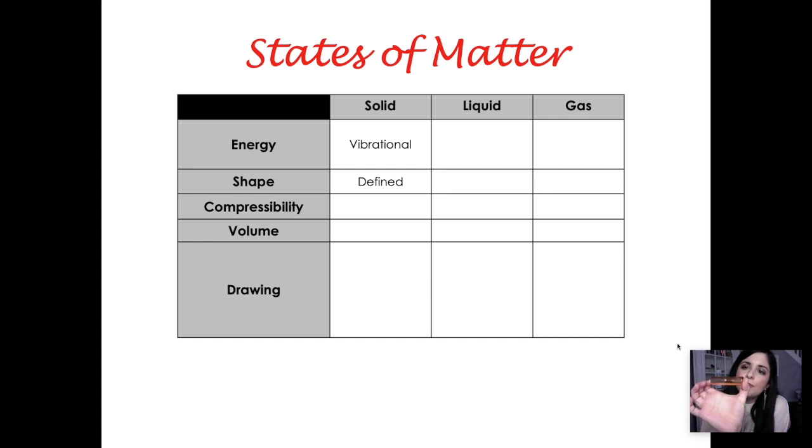Because they're just vibrating, it's going to keep its shape because they can't slide past each other. When you've reached a point called absolute zero, that's actually when particles stop moving completely. But everything that is a solid is in fact vibrating back and forth. And that's true for any solid.